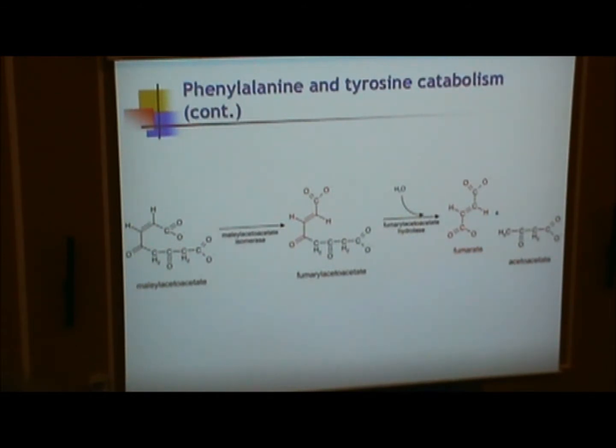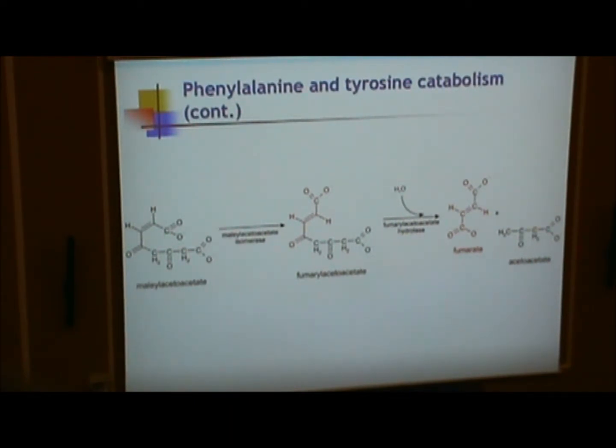Then this metabolite is submitted to the action of fumarylacetoacetate hydrolase. A water molecule participates in this process. This bond is clipped, forming a carboxylic group here and a methyl group here.